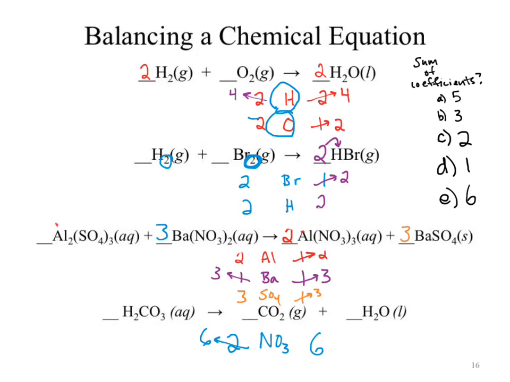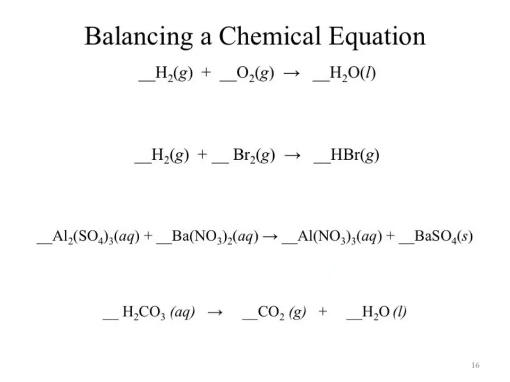Yes, no? It's already balanced. Okay, well, I want to add just a little bit more of a discussion on that. What is CO3? Carbonate. Complex ion, just like sulfate and nitrate.